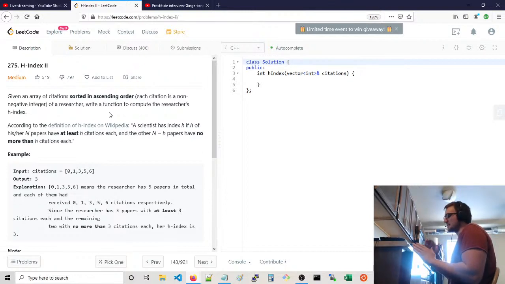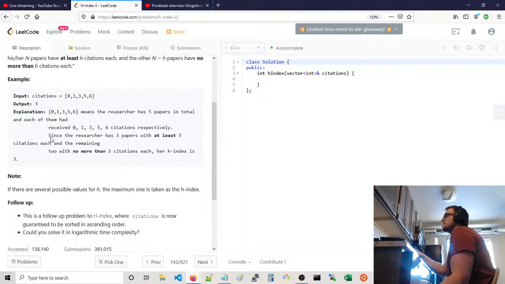All of those papers would have at least whatever that value is at that index, that many citations. So you can take the minimum of that value and the number of papers. The minimum of those is a possible H value to consider, and then compare that to your current H value and take the larger of the two. That's it. If it's already sorted, you can do that left to right, so it would take linear time.